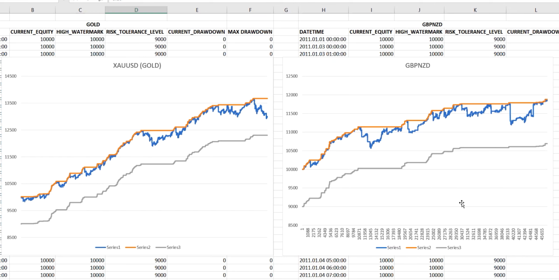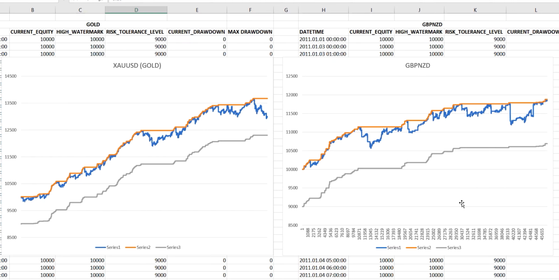And we can see here that both back tests produce a profit, but they also suffer fairly big drawdowns, and both of these reach halfway to the tolerance level. But what you'll notice is that because these assets in the 2 asset classes are relatively uncorrelated, it means that the drawdowns occur at different times.